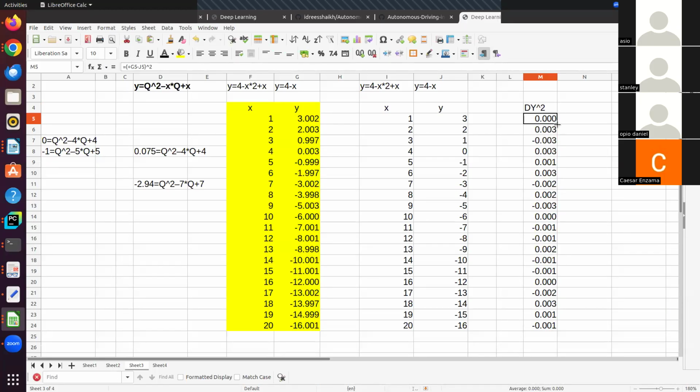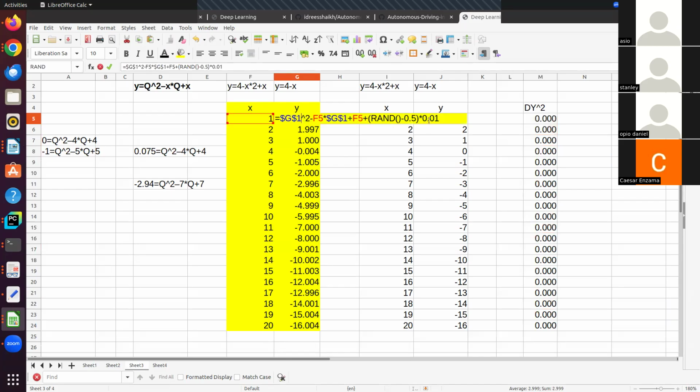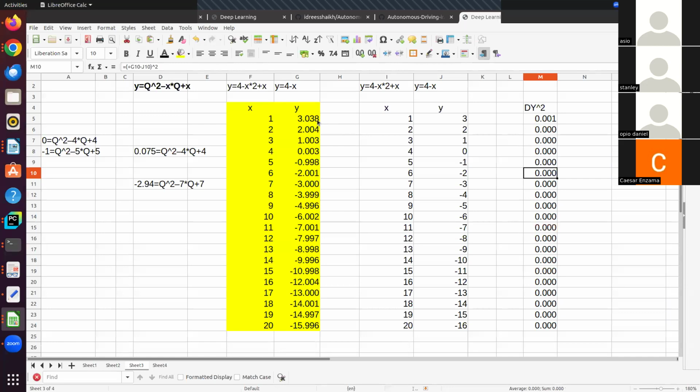Let me copy this one to all of them. Okay, how come? Maybe I should, hold a second. You know what, I will increase the randomness here. Let's make it 0, 1 now. That would probably be better.